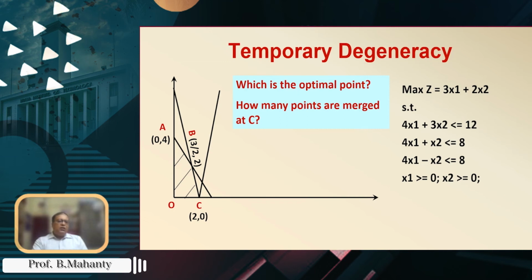But anyhow, since two constraints are satisfied simultaneously, there will be a zero value in the basis and there will be degeneracy. However, C is not the optimal point because the value is less compared to some other point. So this is not a permanent degeneracy. This is a temporary degeneracy.